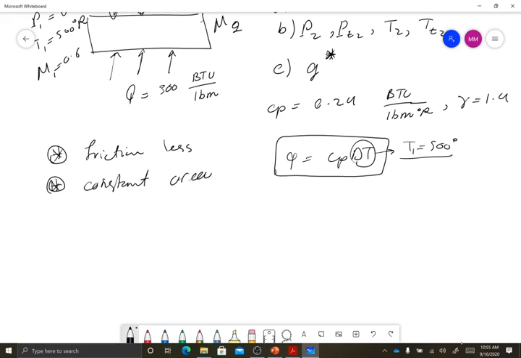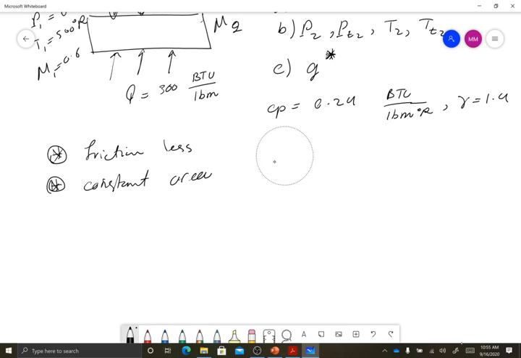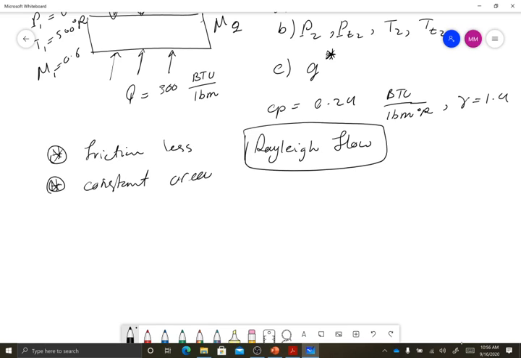Okay? So what else? Ryan, how did you approach this problem? Well, since it's frictionless in constant area, you know it's a Rayleigh flow, and then to get the new exit Mach, I found the TT2. How did you find TT2?